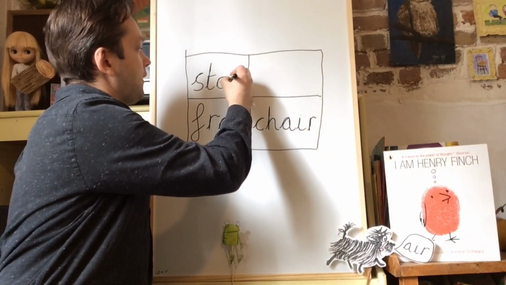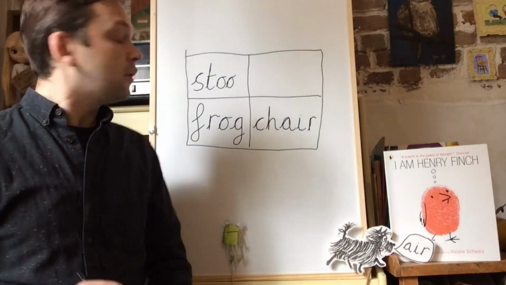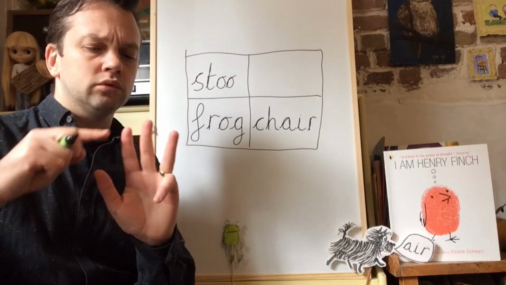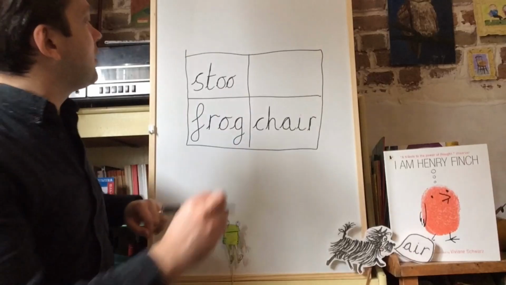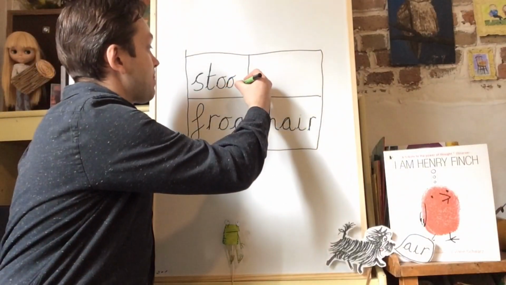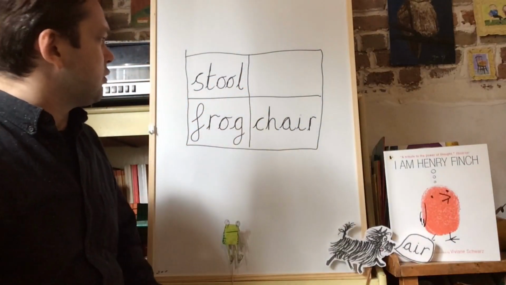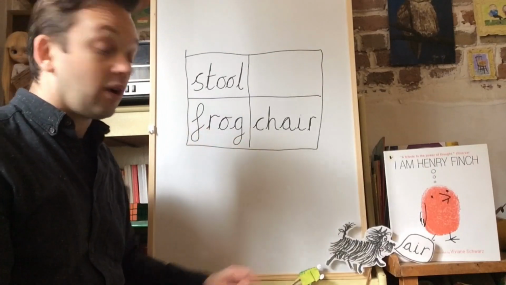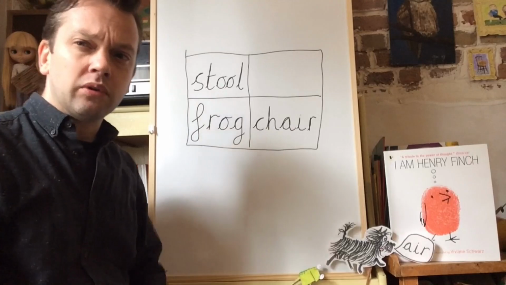O and O. So it's a bit like st. And then ooh. Very, very good. Now we've got frog. Whoops, frog has fallen down. We've got chair, and we've got stool.